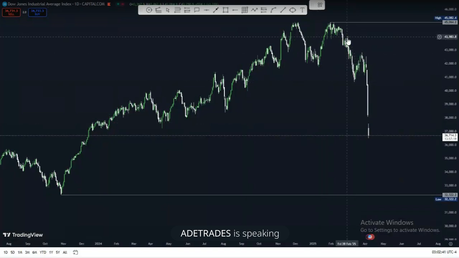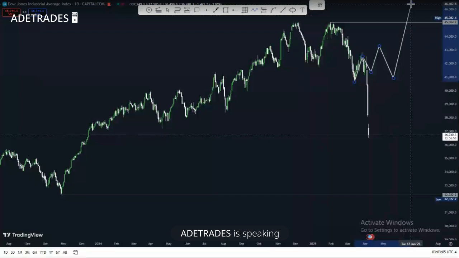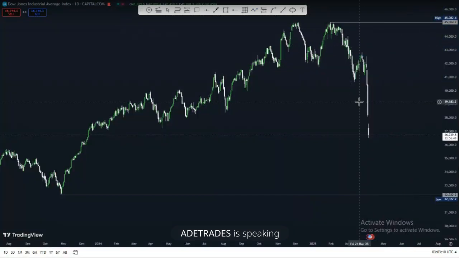When US 30 was about this range, I told people to short to 40,000, which I knew is a very strong area, likely to pull back for more buys. Once US 30 comes here, it does something like this, then it breaks. But Trump has done his thing, right?